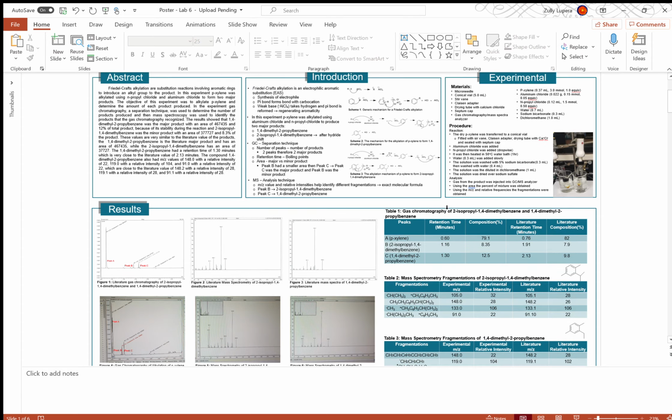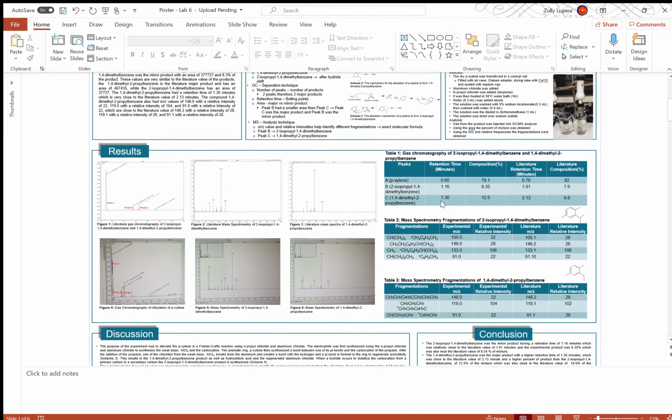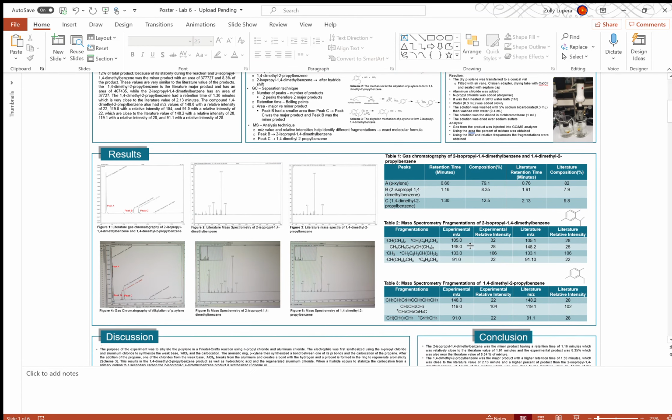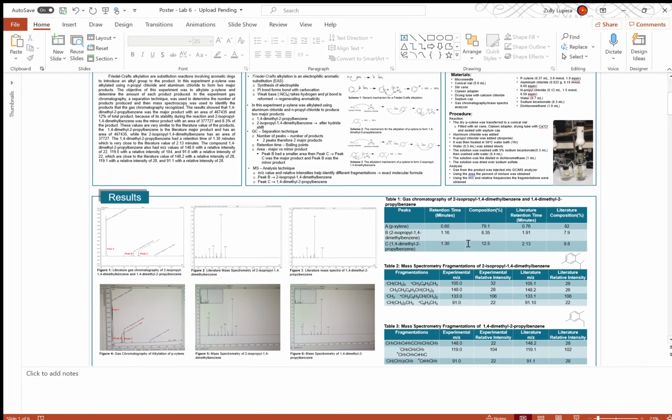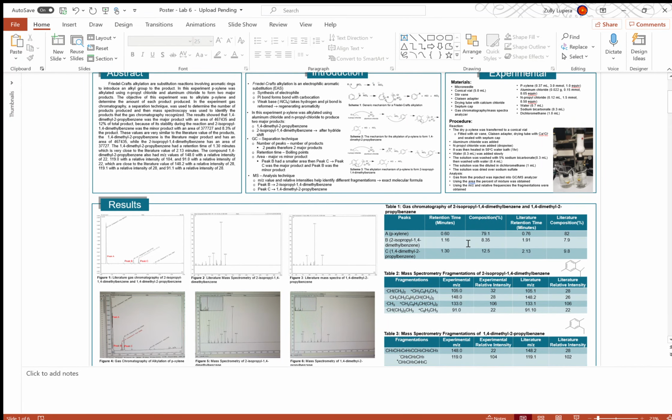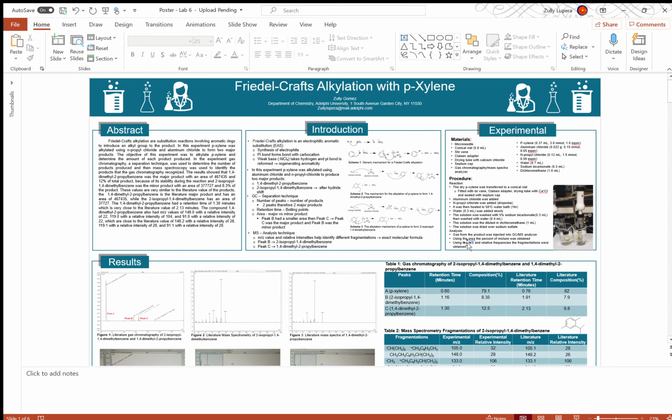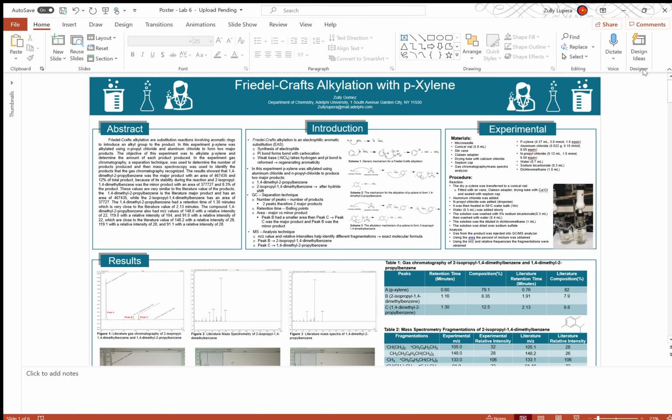And the experiment was very successful because the literature values were very, very close or exactly the same as the experimental values, and therefore we can conclude that the success of the experiment was very high.